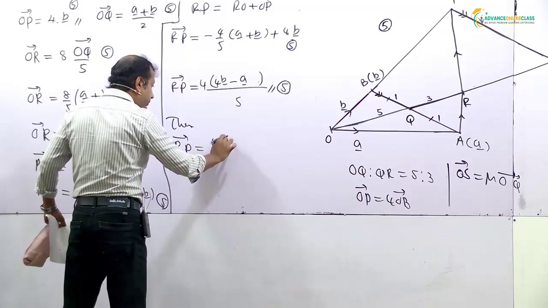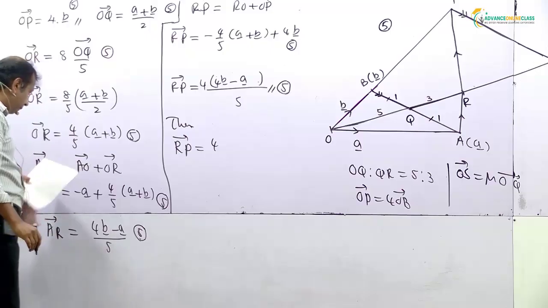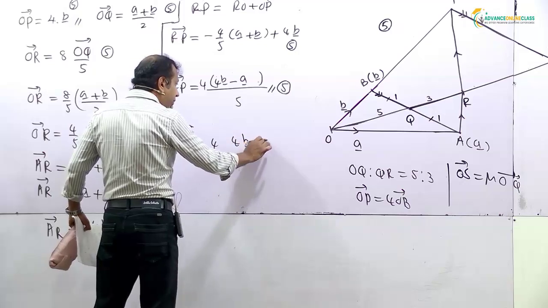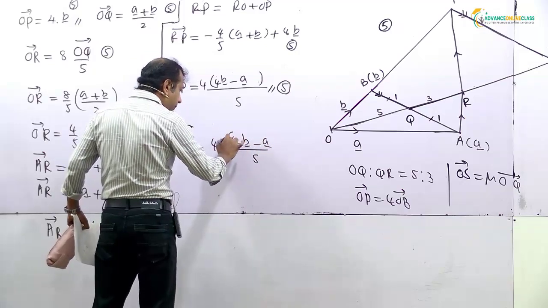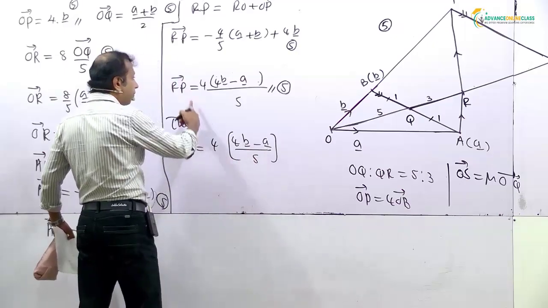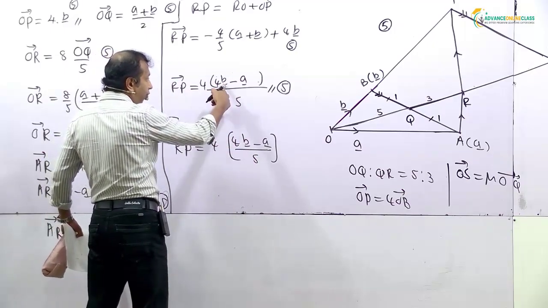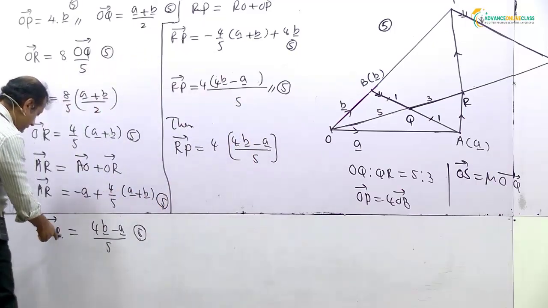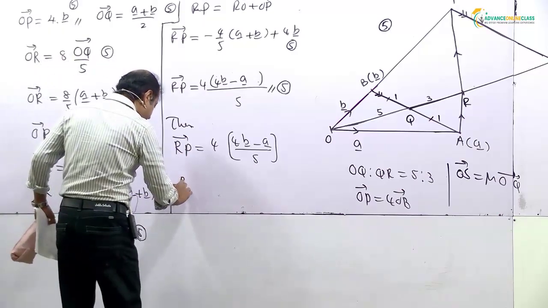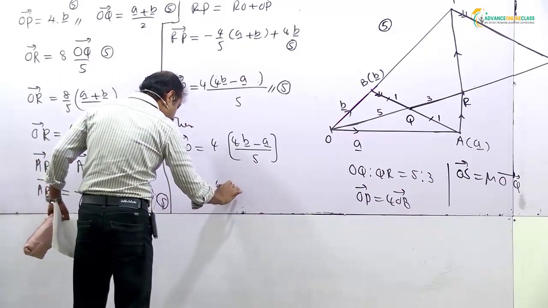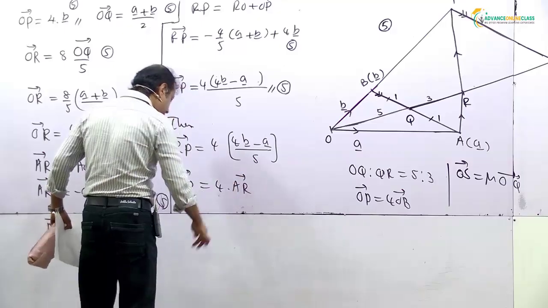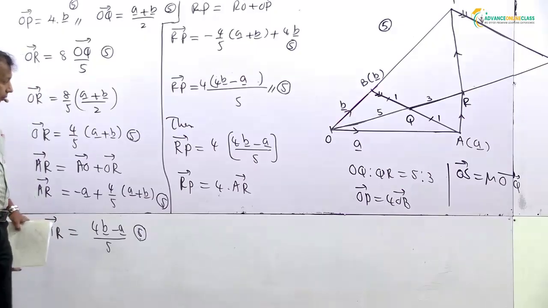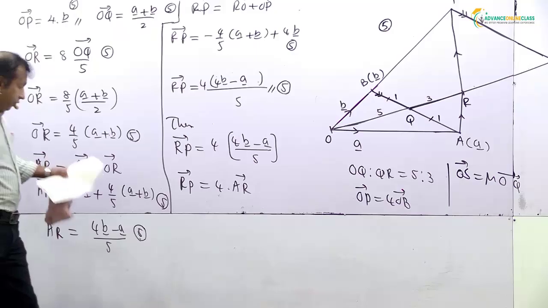I can write this 4 times, when we take this one, 4B minus A divided by 5. Look at this. I wrote the same RP vector which is available here. 4B minus A divided by 5 is nothing but AR. Put here AR. RP vector is equal to 4 times AR. For this, we get 5 marks.